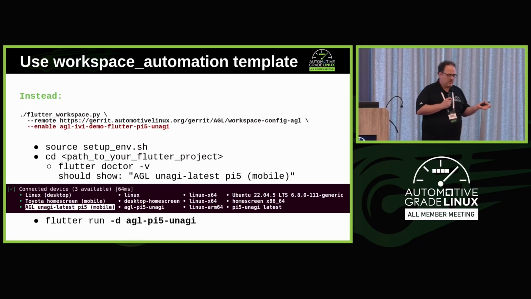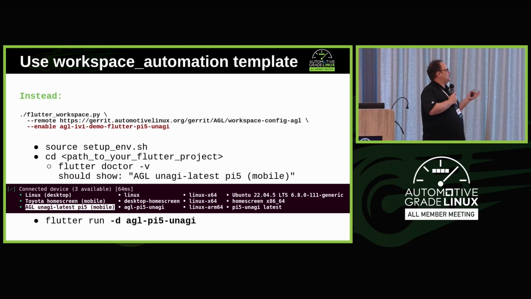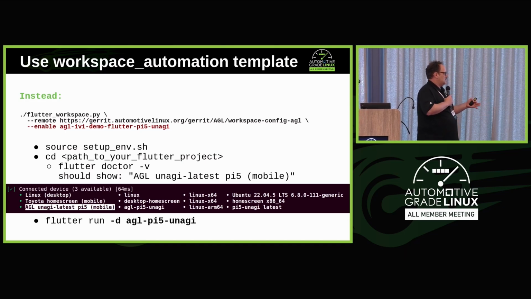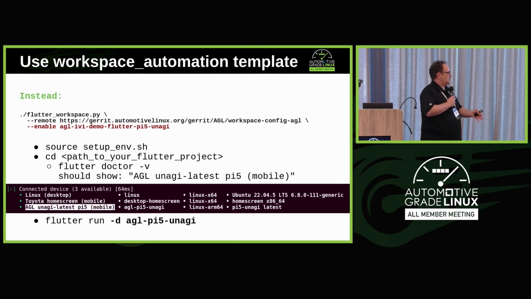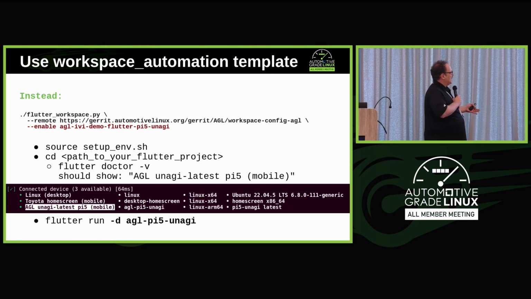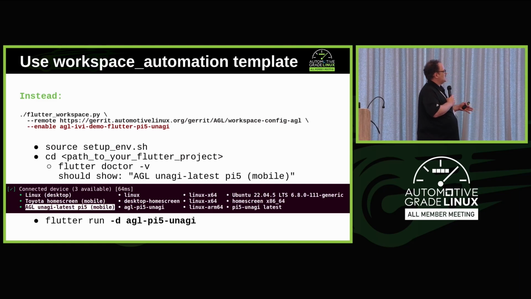We can add more boards likewise. And that board is basically flashed with an AGL Unagi image, running, connected to the network, and we can ping it. That's the prerequisite, and then we can do this.